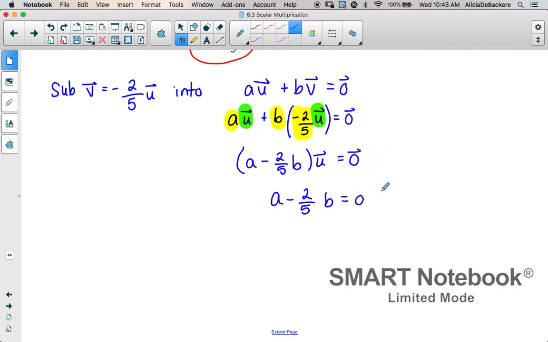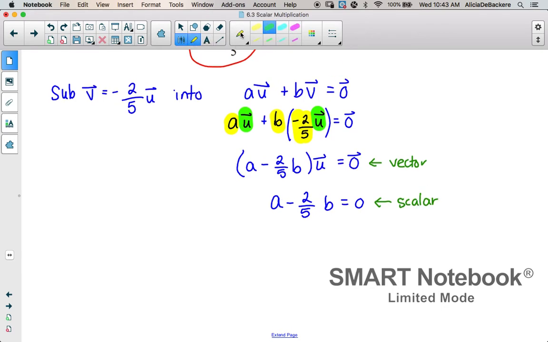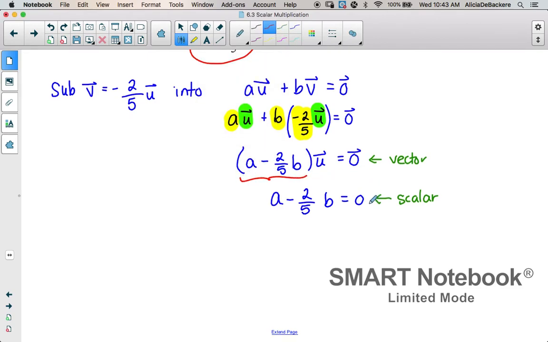And at this point, I've lost the vector notation. So this here is a vector 0. And this here, I'm just talking about what am I multiplying vector u by? I'm multiplying it by the number, or the scalar, 0. So what I've said is this thing needs to equal the number 0.